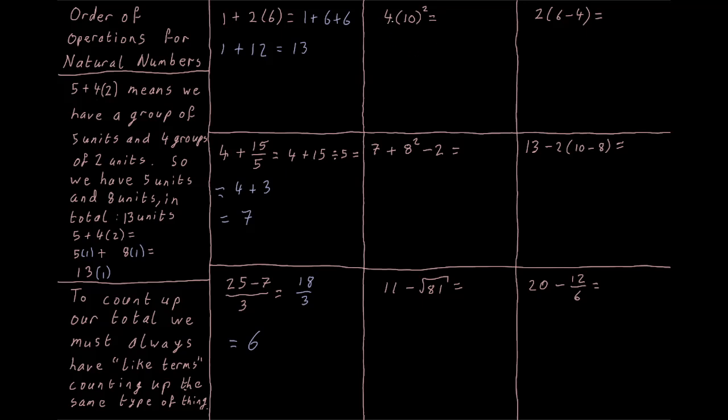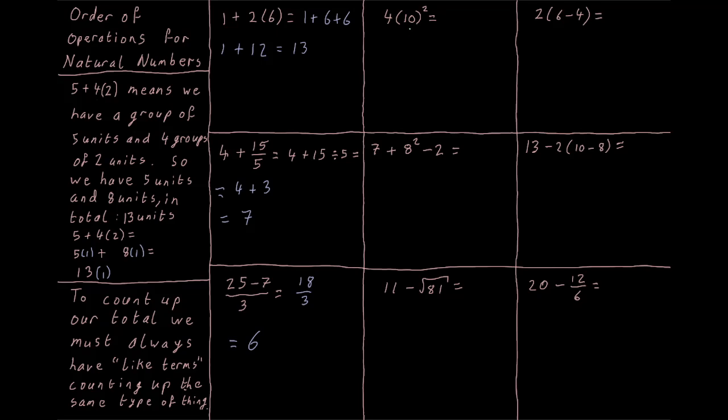Here we have 4 next to a bracket with a power of 2 on it. So this means I have 4 multiplied by this thing. So what I have to do is say, well, what does this sum mean? I have 4 times a bracket. Does that mean I can multiply 4 by 10 here?